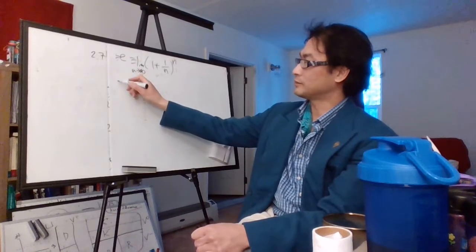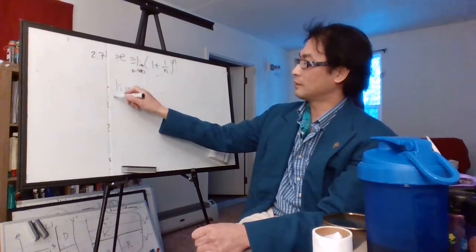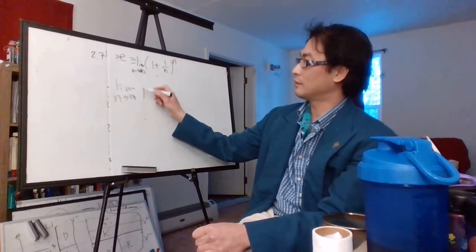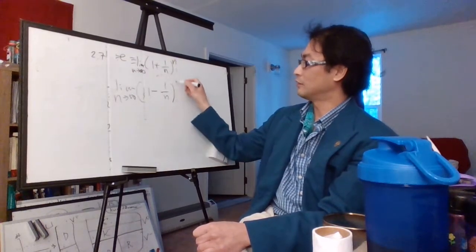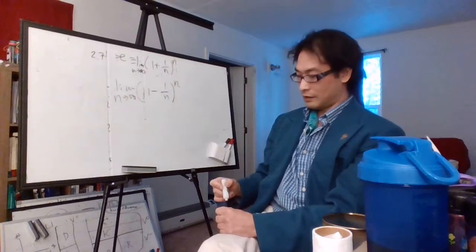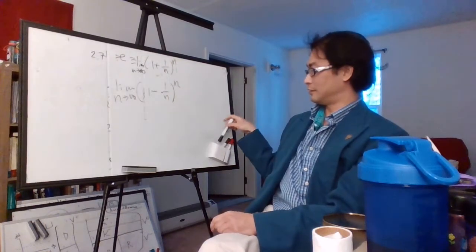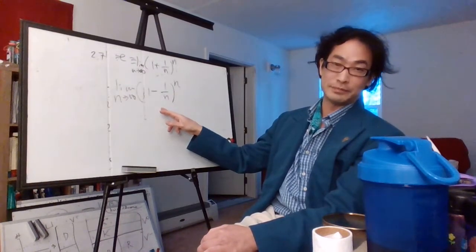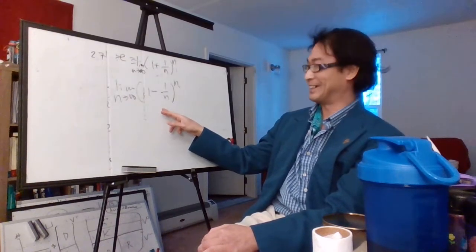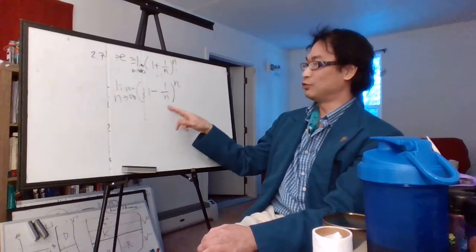What is (1 - 1/n)^n? I tried to find this, I couldn't, so I looked it up on YouTube.